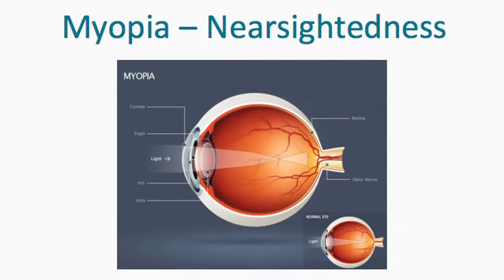If the cornea bulges too much, or if the eyeball is slightly longer than normal, light will refract or bend in front of the retina, causing what's called nearsightedness or myopia.